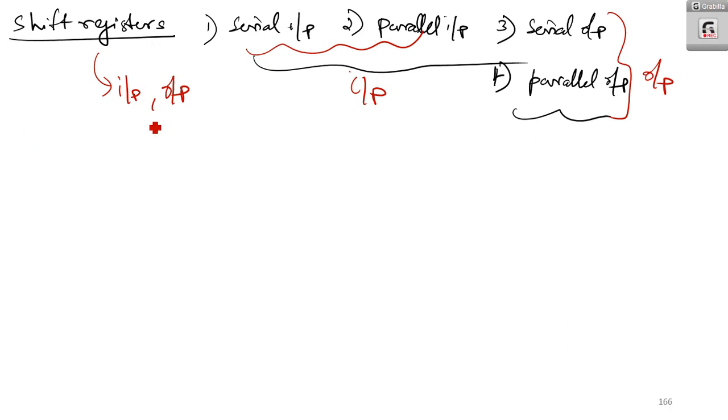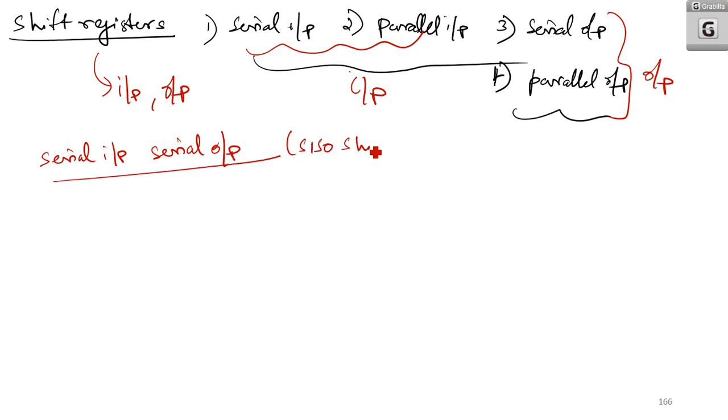Now, for example, if I am considering a serial input, serial output shift register, that is the SISO shift register, how is the data transmission taking place there?